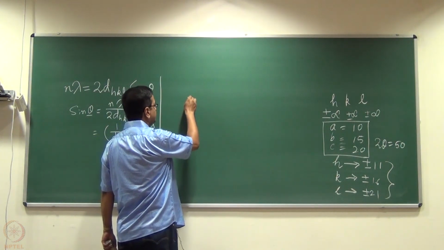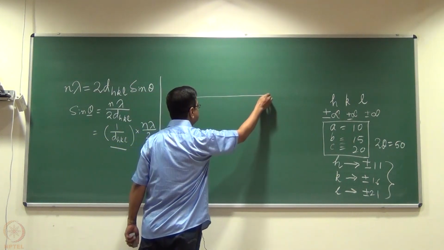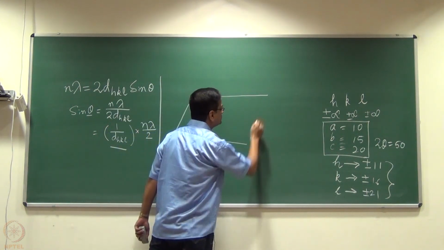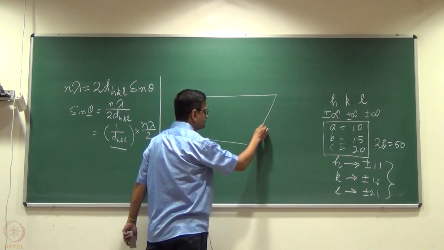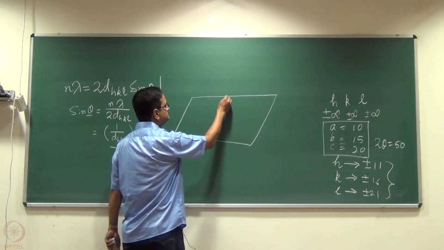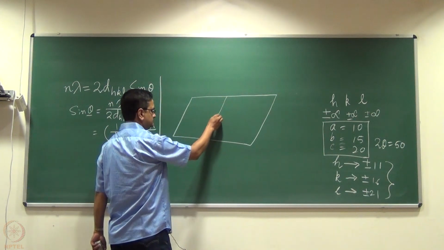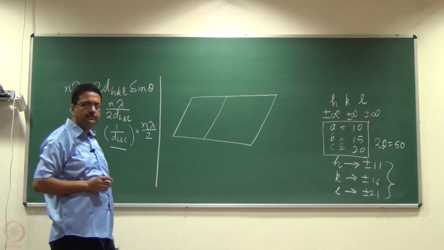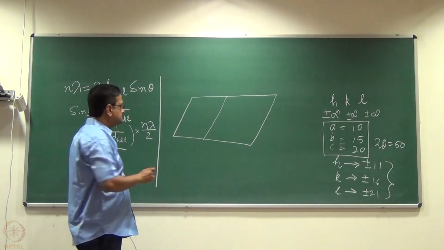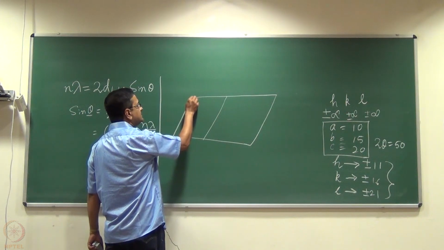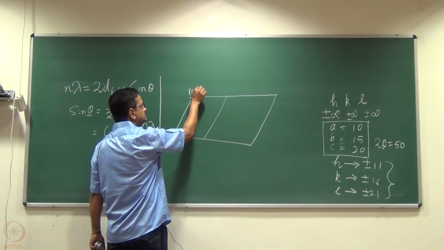So what we try to do is, suppose I have a two-dimensional lattice. I have drawn two unit cells, and this is my origin 0, 0, 0.